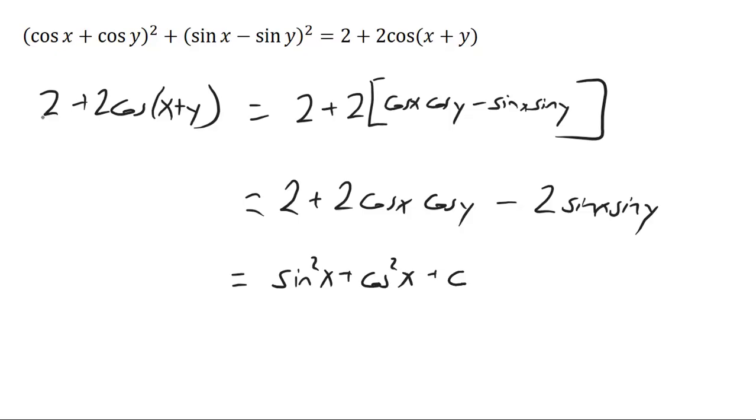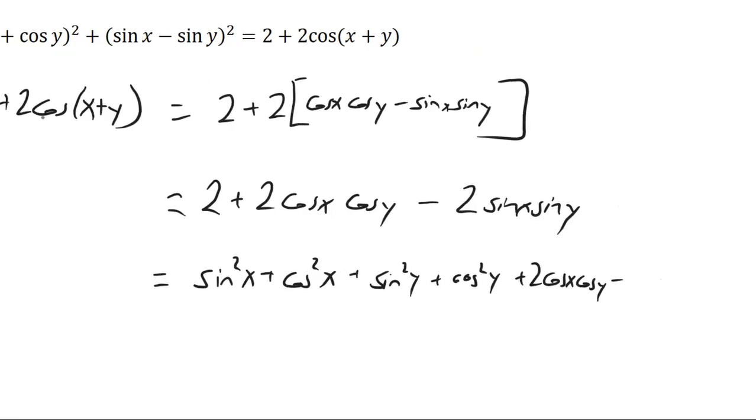And then let's write another one, but with y's instead: sine squared y plus cosine squared y. And then we have the plus 2 cosine x cosine y minus 2 sine x sine y.